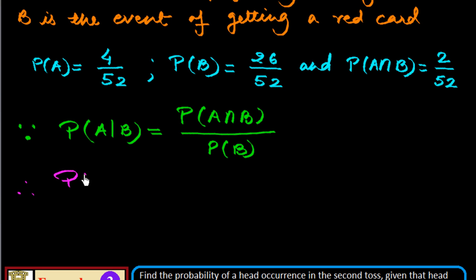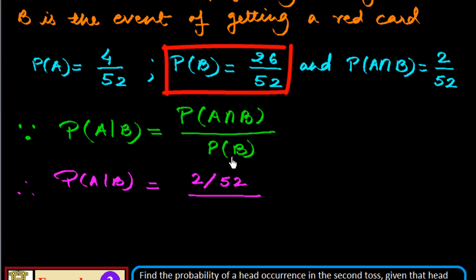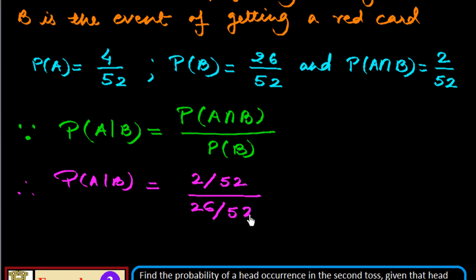Therefore, probability of A given B is equal to 2 over 52 over P of B. The probability of B is 26 over 52. If we simplify this, 52 and 52 eliminate each other. Here 2 goes 1 time and 2 goes 13 times.